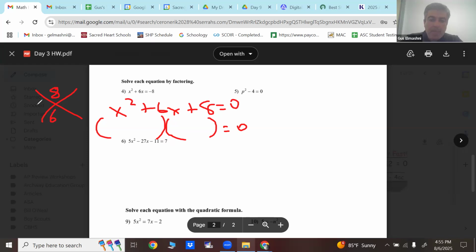So you've got to find two numbers that multiply to 8 and add to 6. 2? x plus 2, x plus 4.